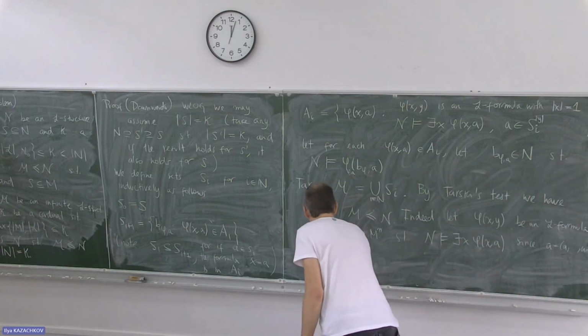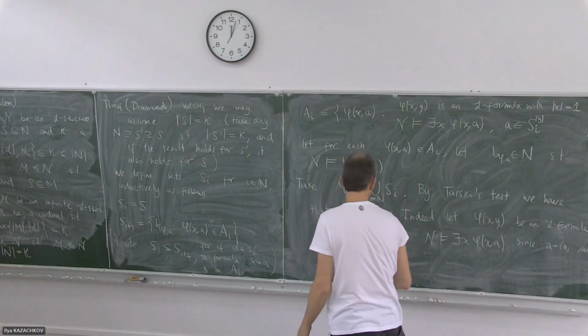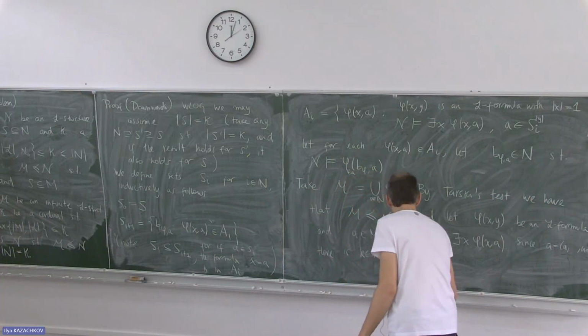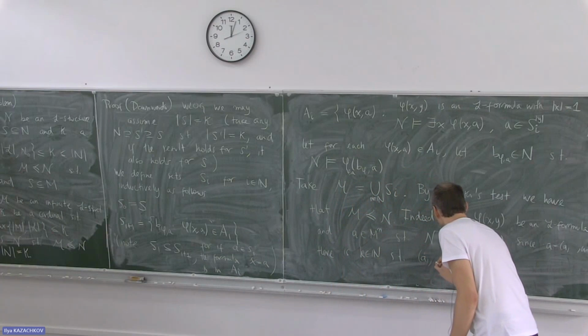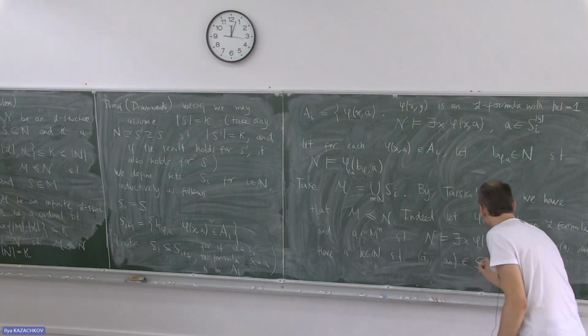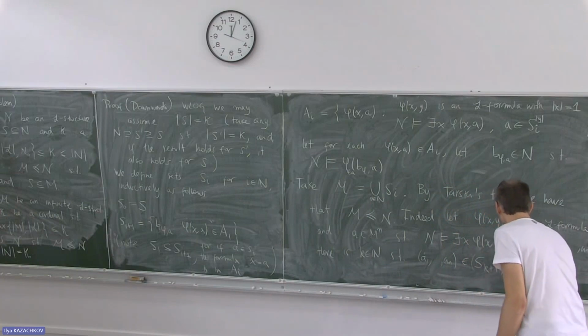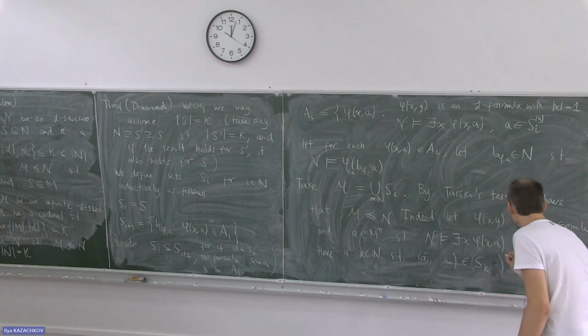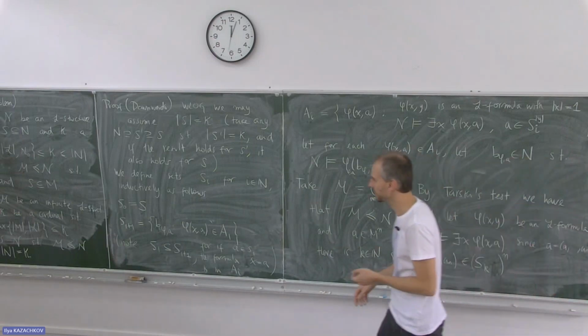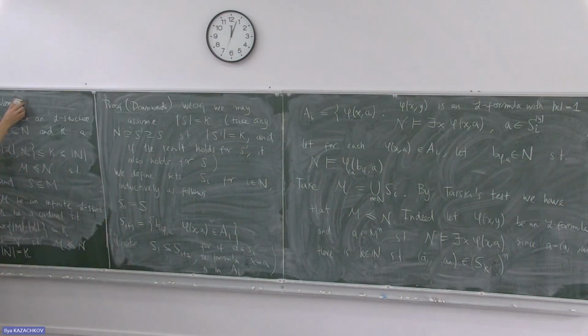And there is some k in N such that A_1 up to A_n already belong to S_k^n, because they belong to the union. But now I solve this problem in the case S_{k+1}, sorry.